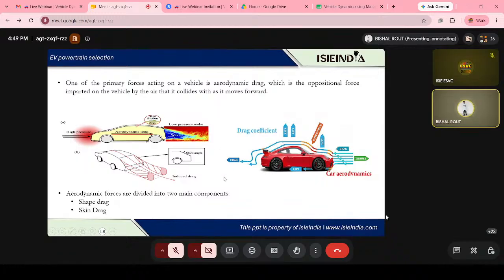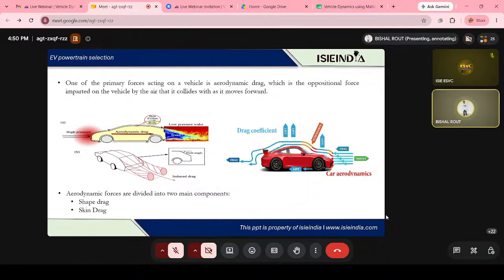So what exactly is aerodynamic drag force, and how is it generated? Let us suppose your vehicle is moving with a certain velocity in a forward direction. Every air molecule consists of small particles, and these particles give some resistance, because when they hit the vehicle they exert some force on it.